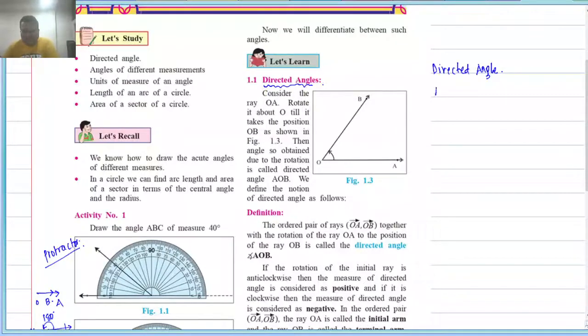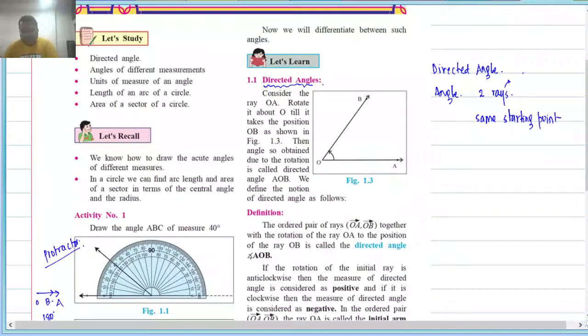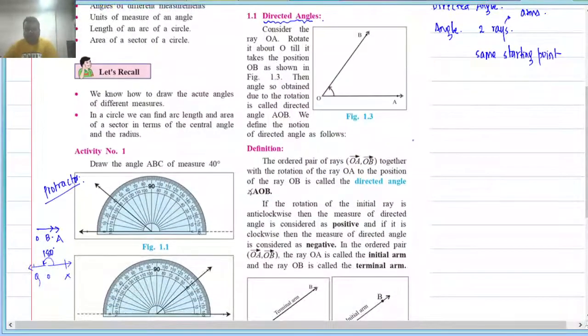You know that angle is made up of two rays which have the same starting point. Okay, those two rays are called arms of the angle. So ordered pair of rays OA bar and OB bar, together with the rotation of the ray OA to the position of the ray OB is called the directed angle AOB.